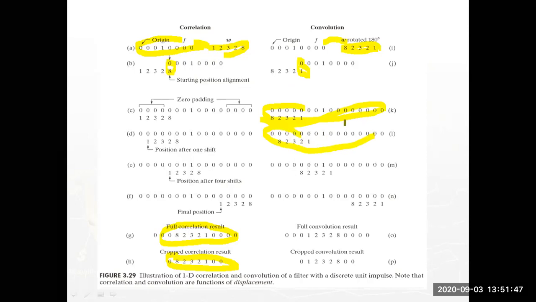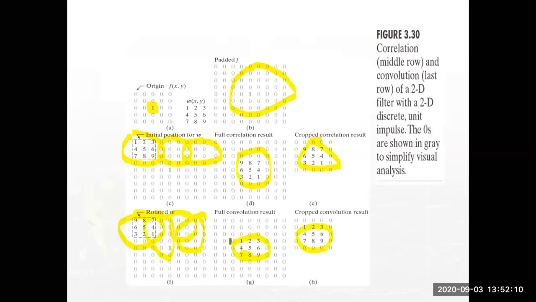In the first case you get 0, and like this we get only one value at the place of the one. Finally you get 1, 2, 3 to 8, and after cropping your values will be like this. This is for one dimension.